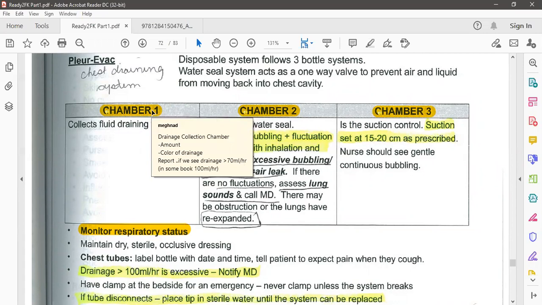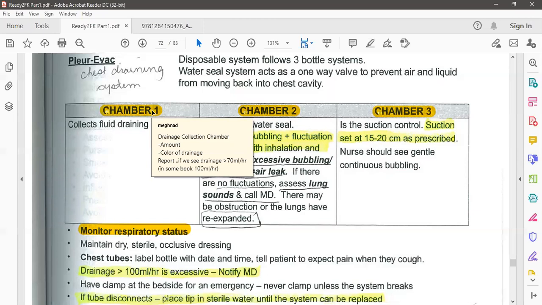We should report if we see the collection is more than 70 milliliters per hour, then we talk to the healthcare provider. But some books say if more than 100, we have to inform the healthcare provider.